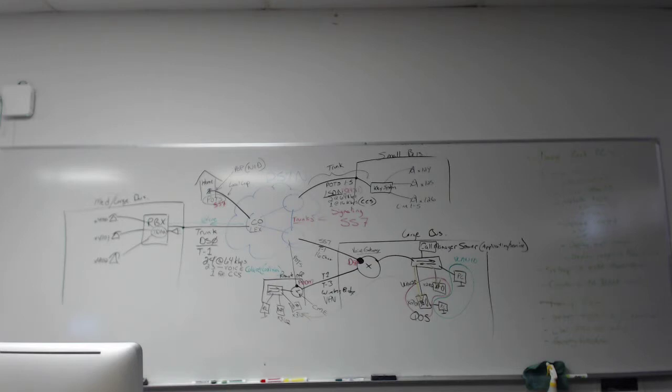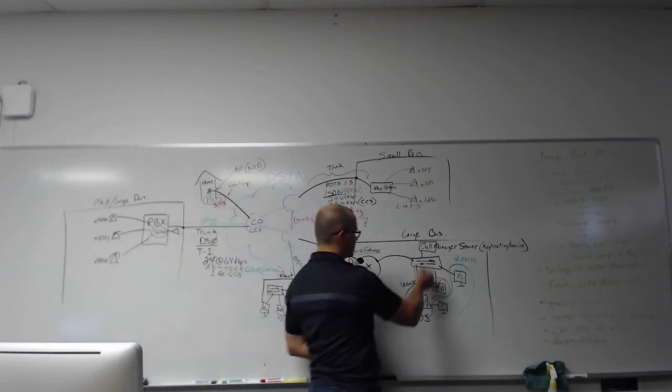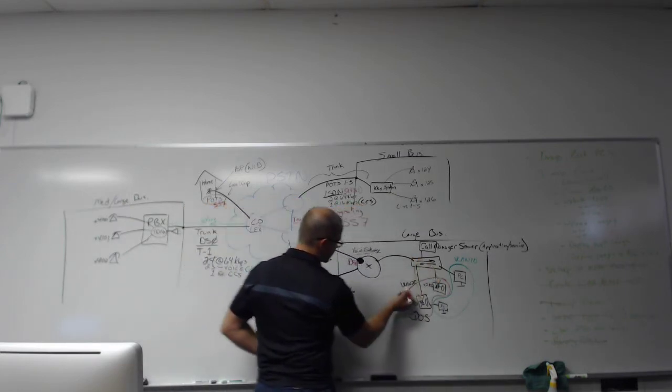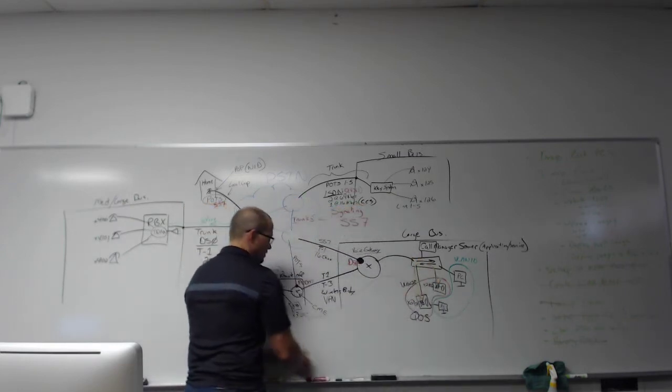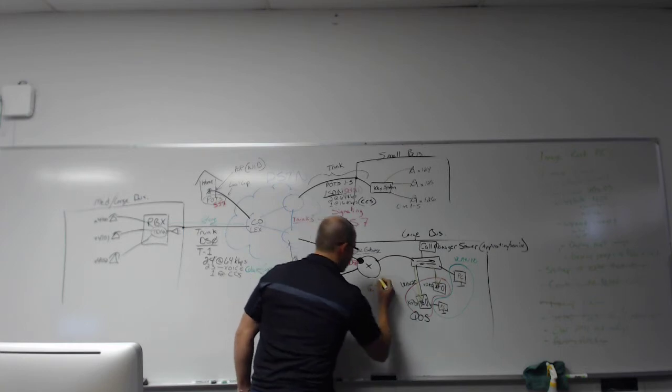G711. G711 is a medium complex audio codec with bandwidth of 64 kilobits used in Cisco IP phones. So over here, these phones, this phone conversation, I'm going to write it in yellow, G711. It is a codec.